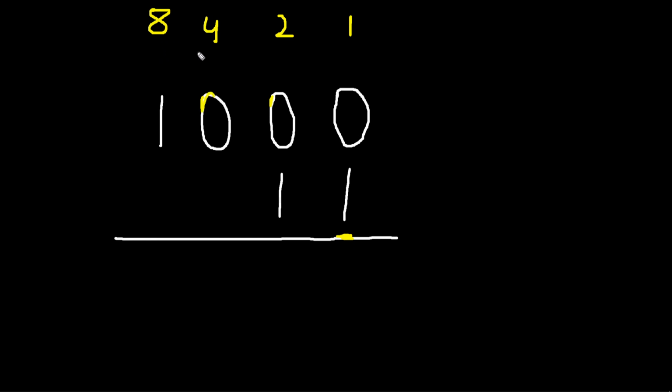We take this 8, and this 8 is basically 4 twice. So we took this here, and now we have 0 here, and here we have twice 4.